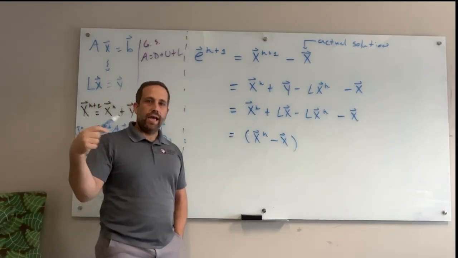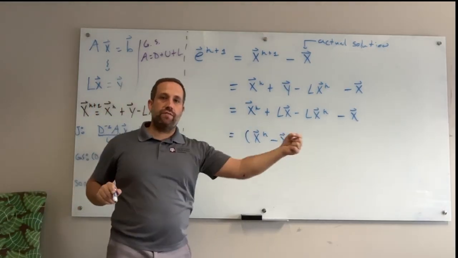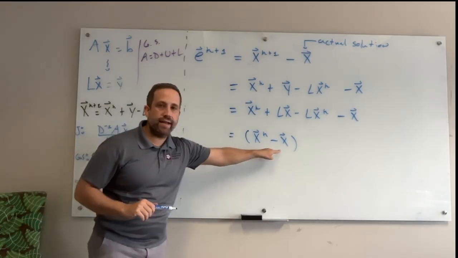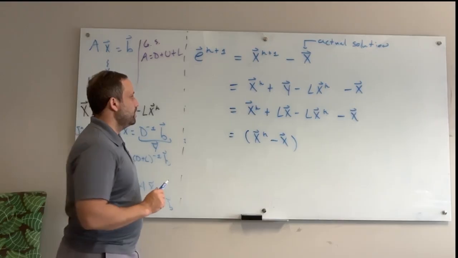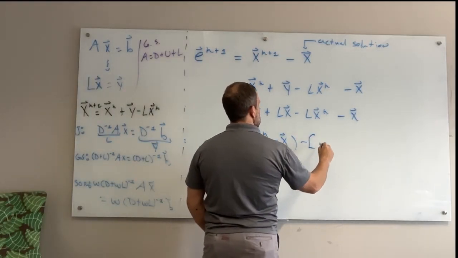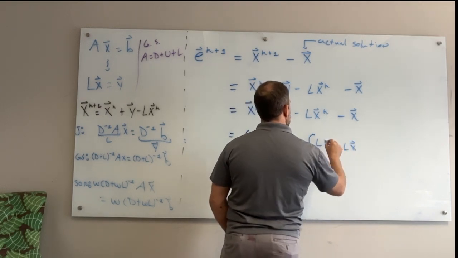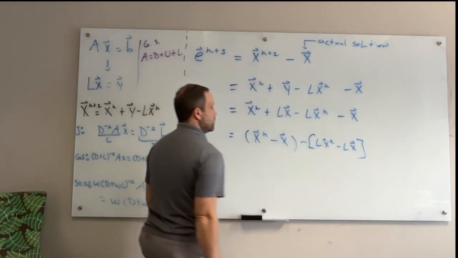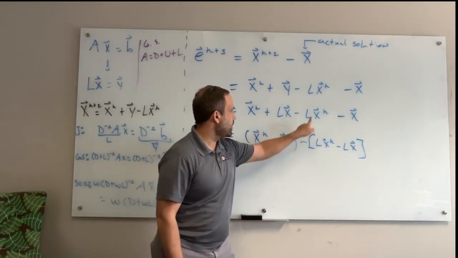I want to give a formula for e_{k+1} in terms of e_k. So x_k minus x, that's just e_k. And then over here, I'm going to have minus Lx_k minus Lx.